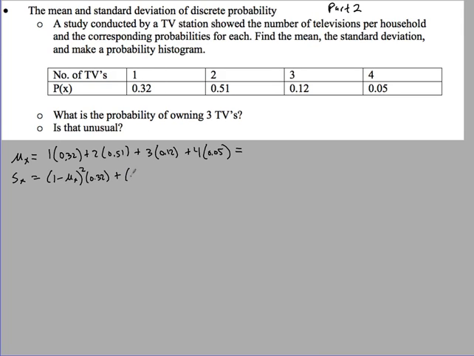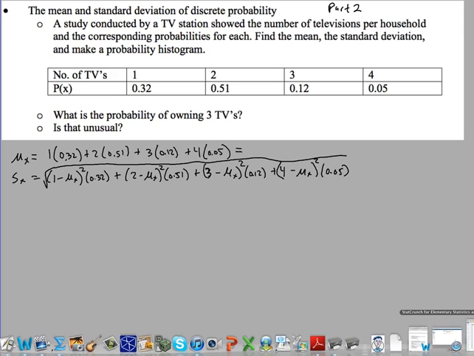Then I do the same thing with 2: whatever this number is here, square it, multiply times 0.51, plus 3 minus whatever we got up top here, square it, multiply it times that. Parentheses on one side. Then 4 minus the mean, and I just take the square root of this whole thing.